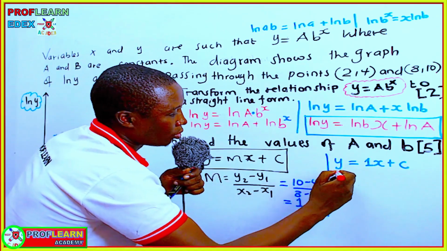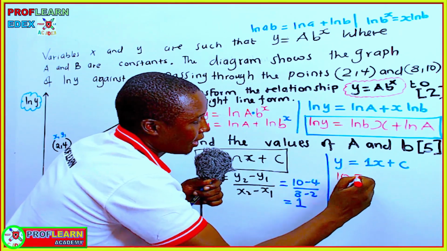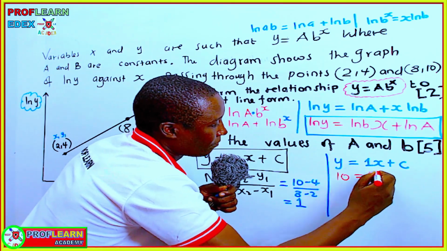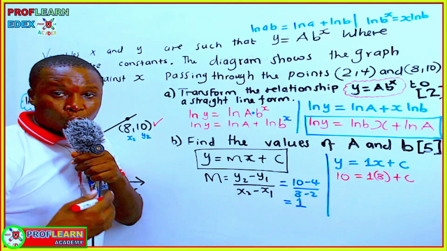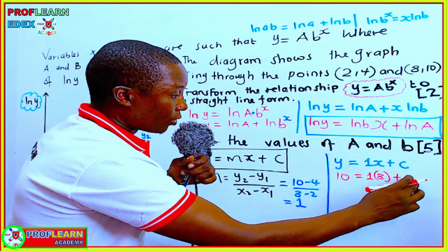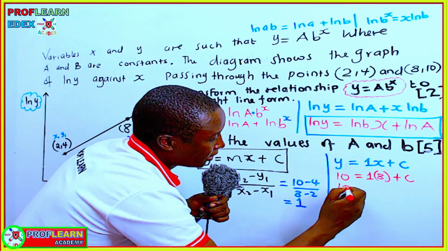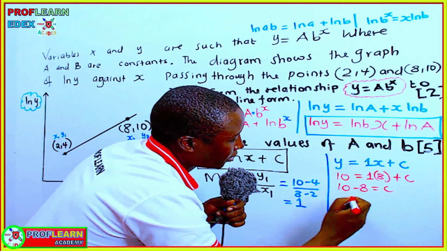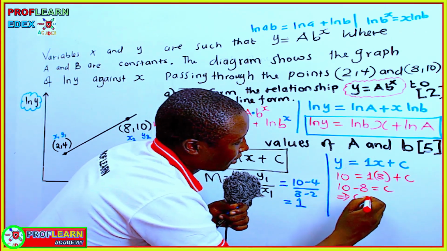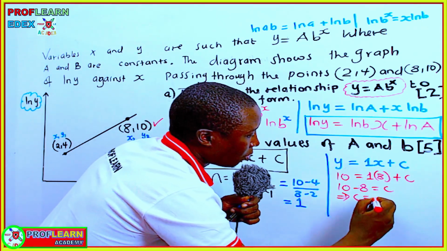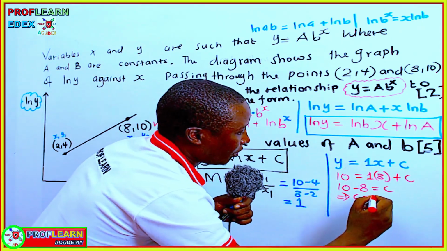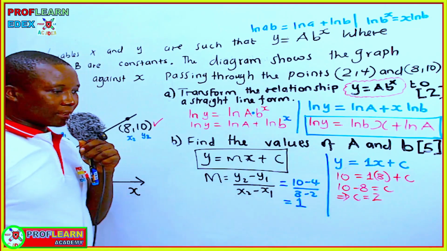So we replace y with 10 and say this is going to be 1 times 8, then plus c. In that way, we'll find the y-intercept: 10 minus 8 is equal to c, which implies that our c is equivalent to 2 in this case.